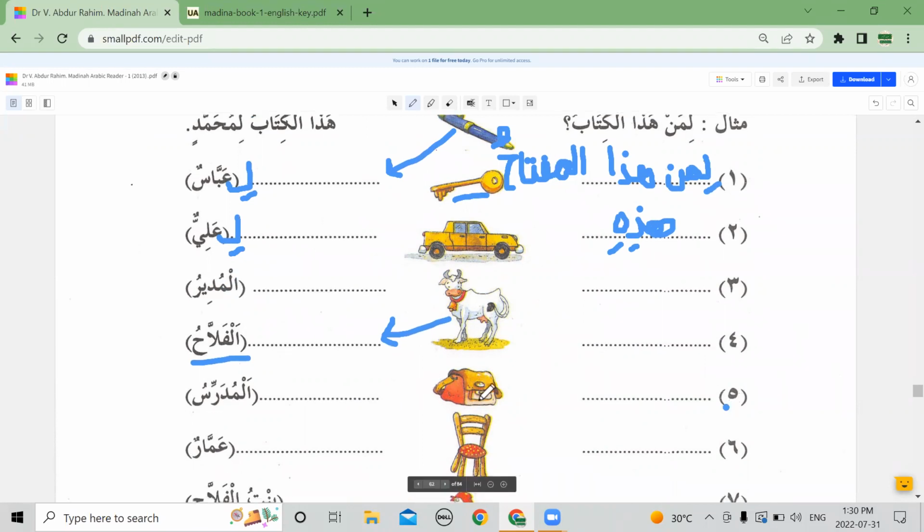Okay. What's this here? Liman hadha. Hadhihil haqibatu. Hadhihil what? Haqibatu.